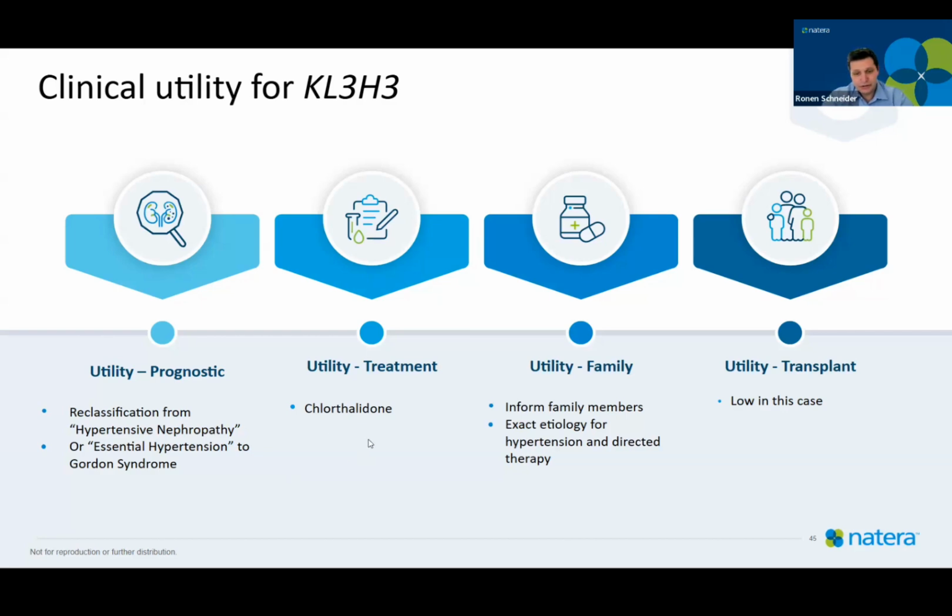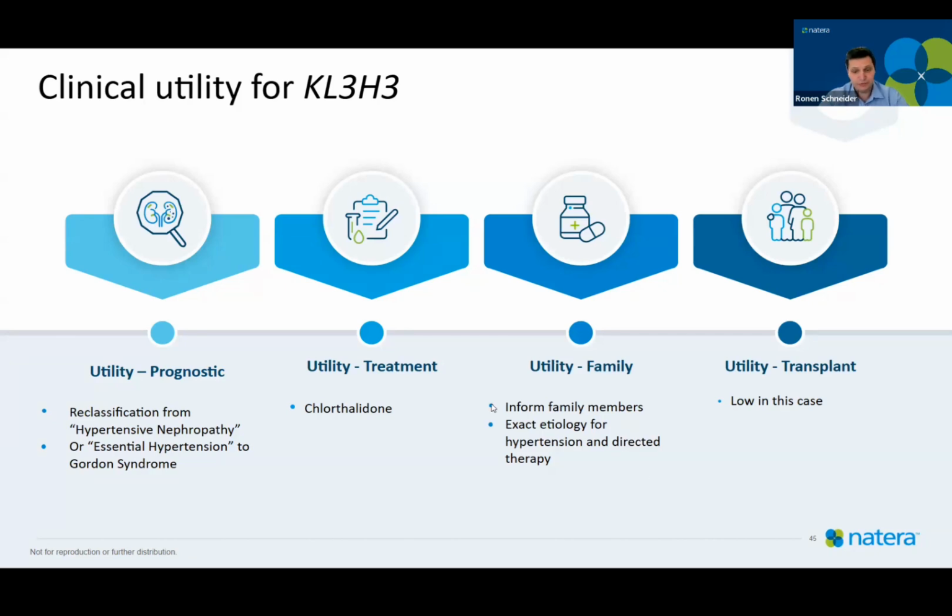And that leads us to the clinical utility, because knowing the exact gene that is involved, or the etiology for both the hypertension and probably the CKD, means that we can now target with chlorthalidone, which targets the NCC channel, which is the exact site of pathophysiology of Gordon syndrome.